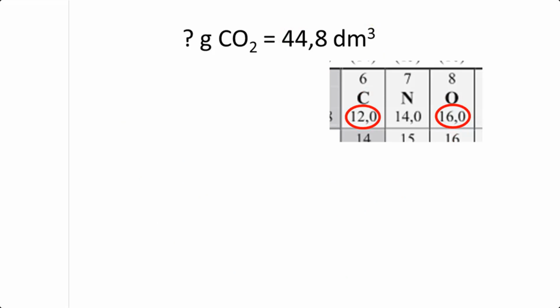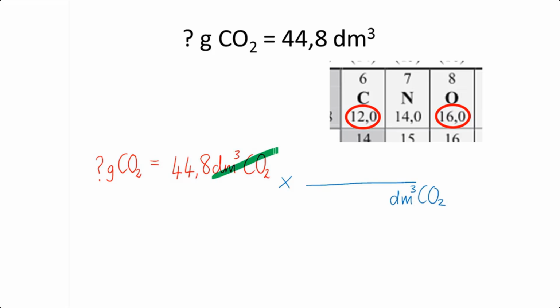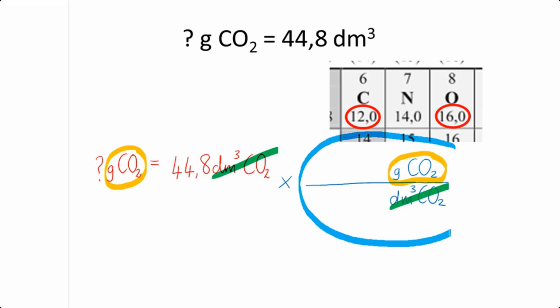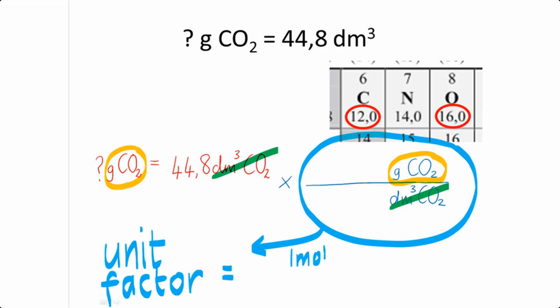But let's also do this the long way and lay it out nice and neatly. So we first write our question in equation form. How many grams carbon dioxide has a volume of 44,8 decimeters cubed? We need decimeters cubed carbon dioxide at the bottom to cancel out the given information, and we need grams carbon dioxide at the top to introduce the answer unit. This unit factor that we're multiplying the question by refers to a mole.